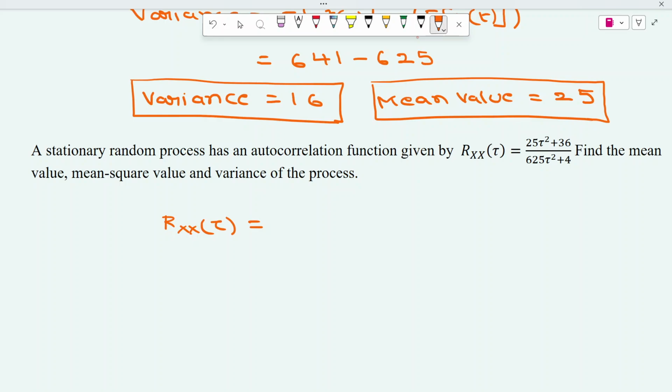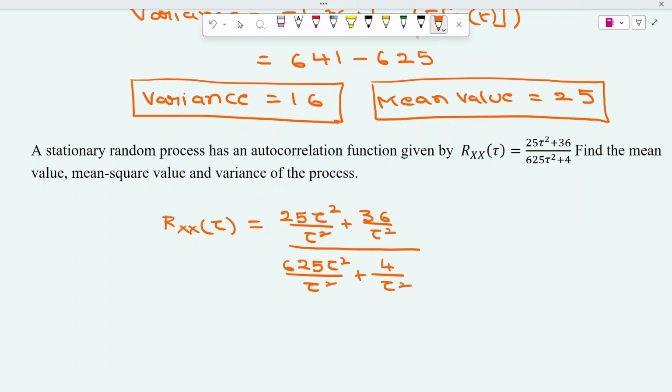If you divide both numerator and denominator by tau square, the numerator becomes 25 plus 36 by tau square, and similarly the denominator, dividing by tau square, becomes 625 plus 4 by tau square.